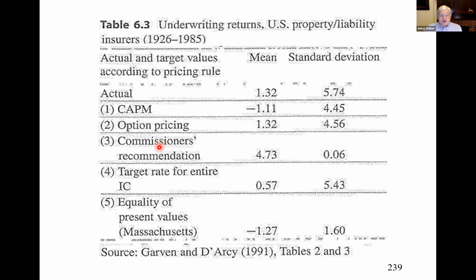Now, the insurance commissioners, they made the same mistake as the Germans. They actually proposed higher underwriting returns, 4.7%, much too high. It's a very small standard deviation. But that is wrong.